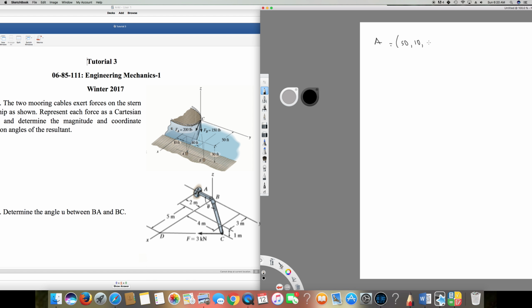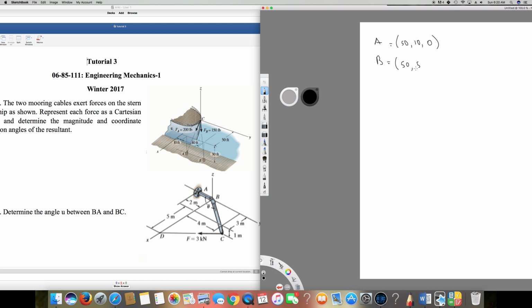And for z, there's no height, so z is 0. And B is going to be equal to: for x it's the same distance, 50 feet, and for y it's 40 plus 10, which is 50.